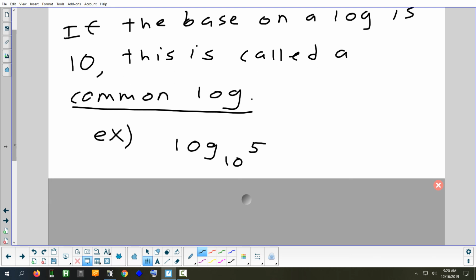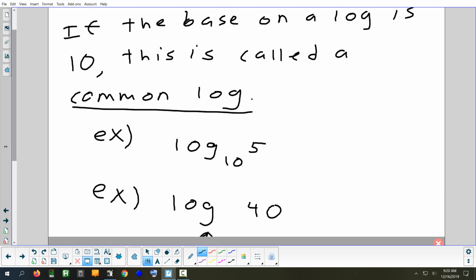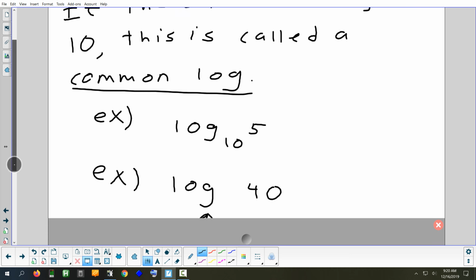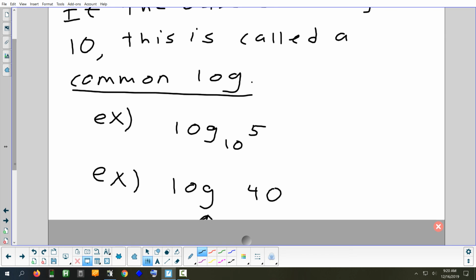That's how you write a common log: log base 10 of 5. That's also how you can write a common log: log 40. Looking at my second example there, what does it look like I didn't write? The base.